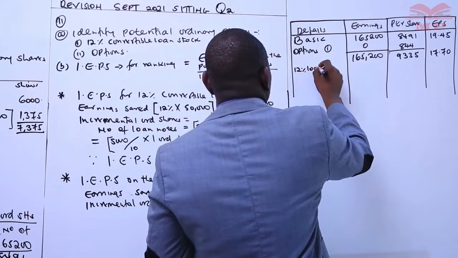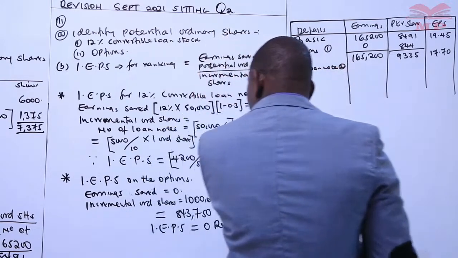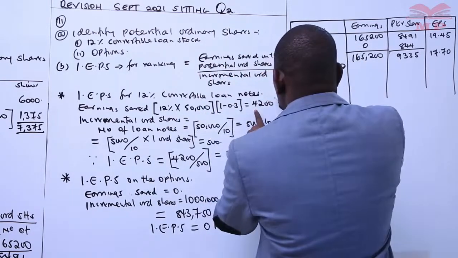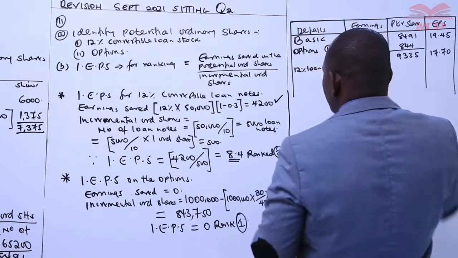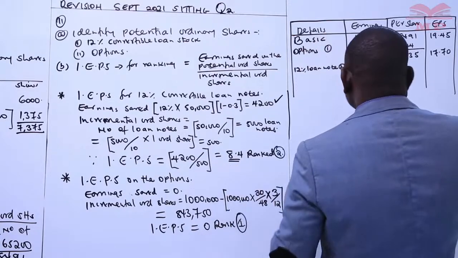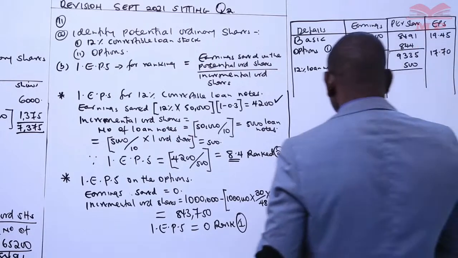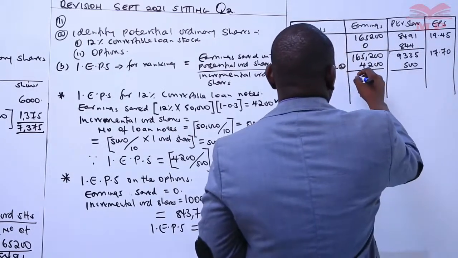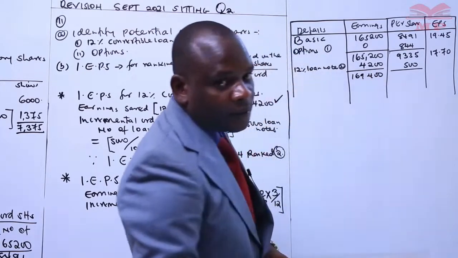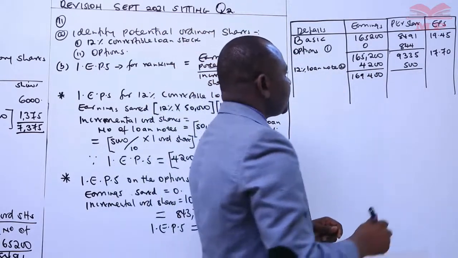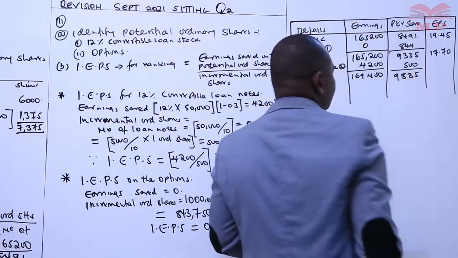12% loan note. Number 2, the earnings saved were 4,200. Aggregate there. Incremental shares was 500. This is 169,400. And the other one is 9835.